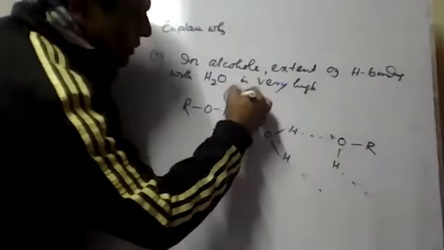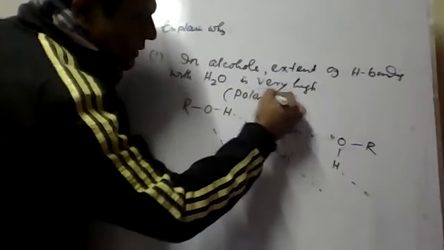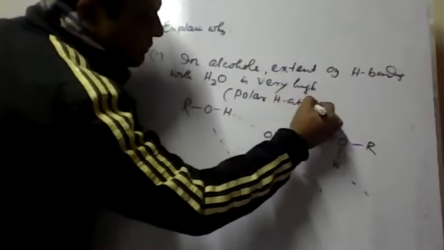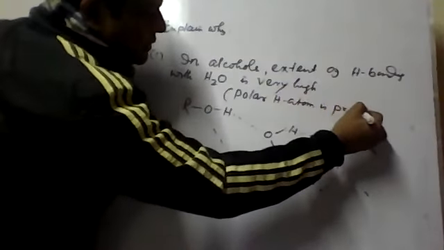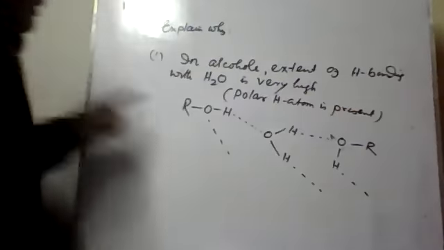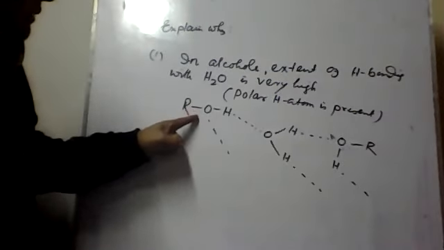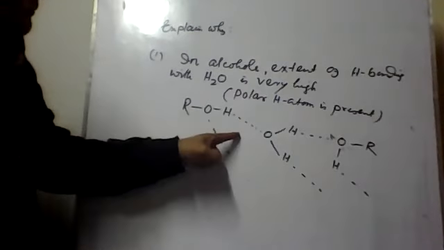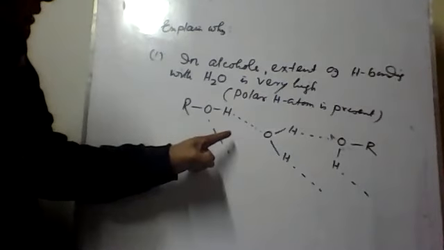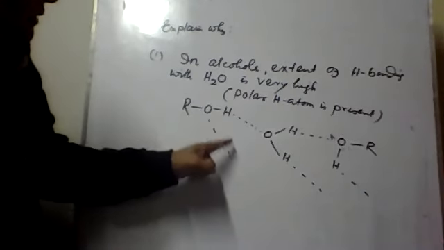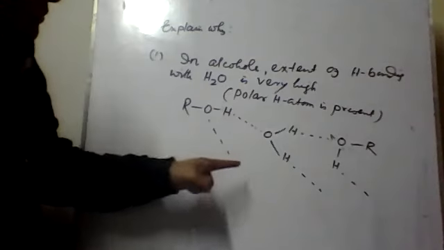In alcohol, a polar hydrogen atom is present, along with a polar oxygen atom. So in alcohol, extent of hydrogen bonding with water is maximum. So it is more soluble in water.